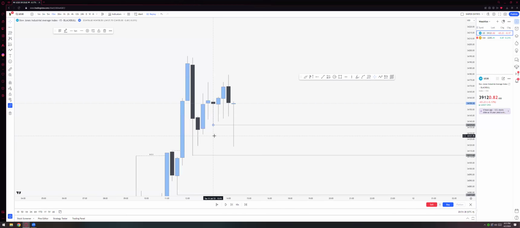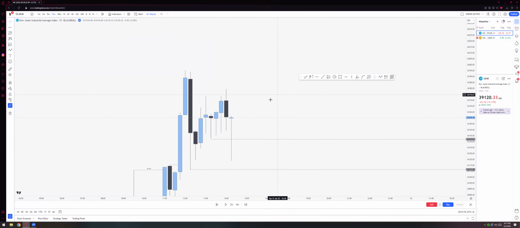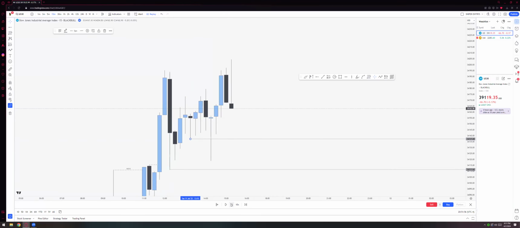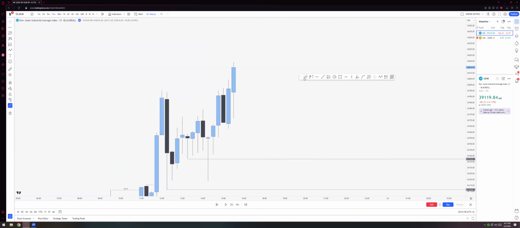No matter how good the setup might be, if we don't have that liquidity grab before, we cannot get involved in the trade, because if you get in before a liquidity grab, then you're definitely going to be the liquidity grab on the market. Okay. So here you guys can see another liquidity, and then we go up, another higher high.